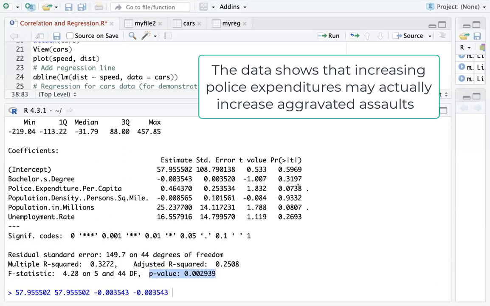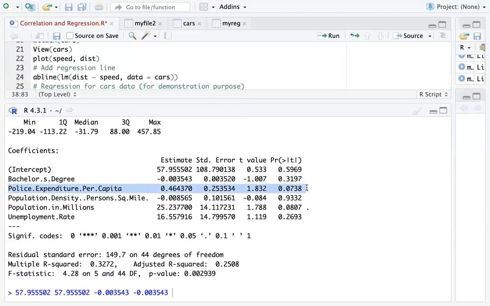So for instance, let's say police expenditure has a relatively high slope, and the p-value is also somewhat very close to 0.05, although it's a little bit higher, but relatively close to that. Which means that police expenditure appears to have some effect on crime rate.